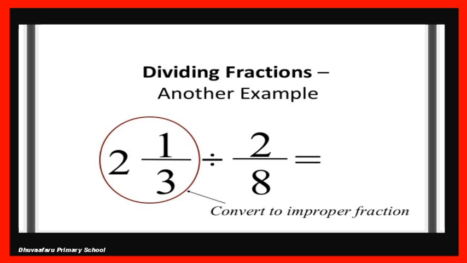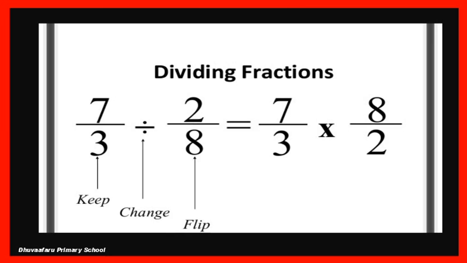So 3 times 2 is equal to 6, and you have to add 1, which is 7. So the answer is 7 by 3 divided by 2 by 8; you have to flip the second fraction.